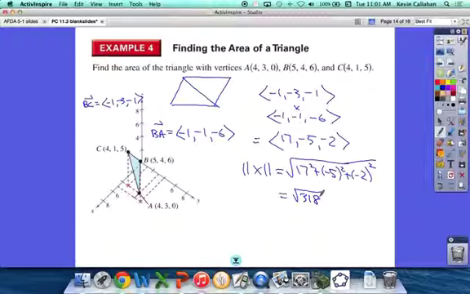No, 289 plus 25 plus 4, okay. Which is what? 17.8. Now that's the area of a parallelogram. The area of the triangle would be 17.8 divided by 2. 8.9.